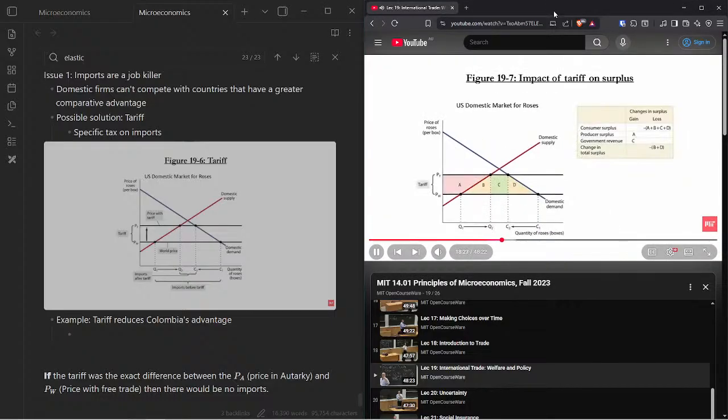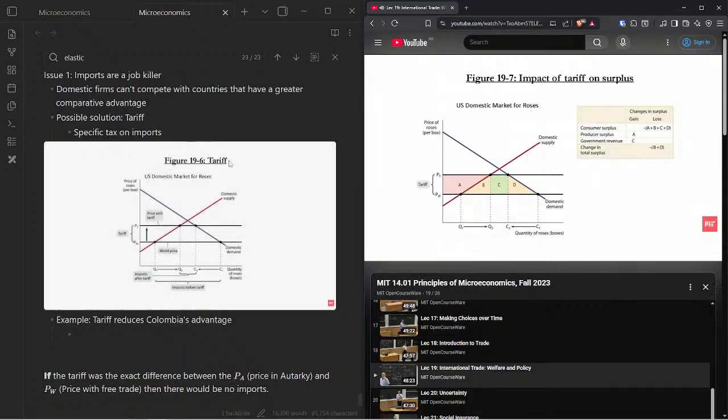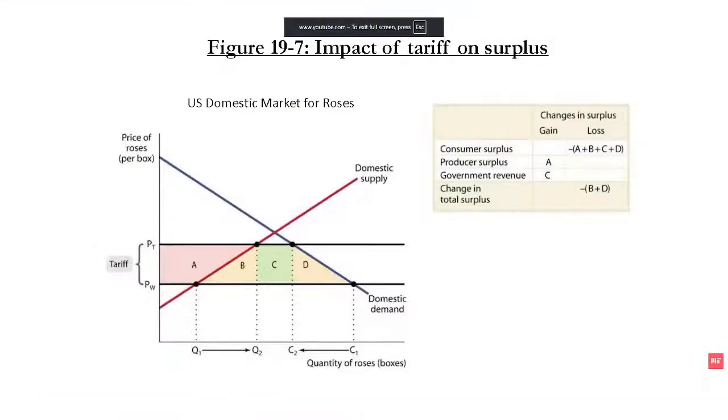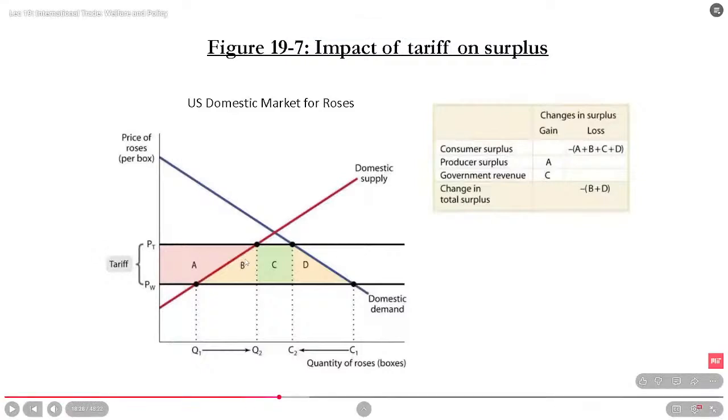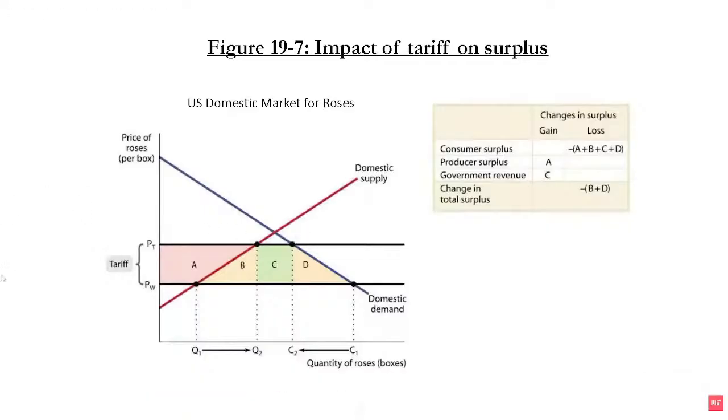What has happened? Well, C is the net change, or the residual benefit from the imports, right?